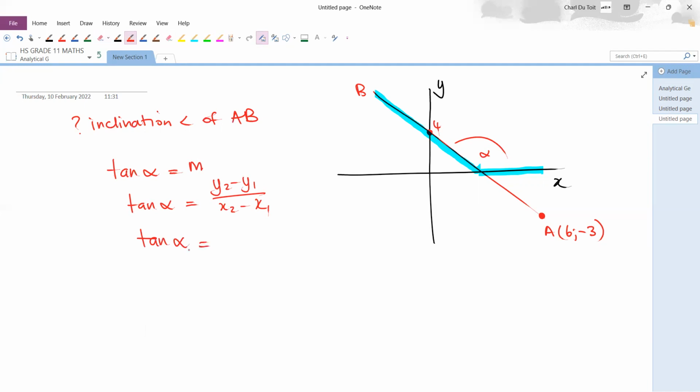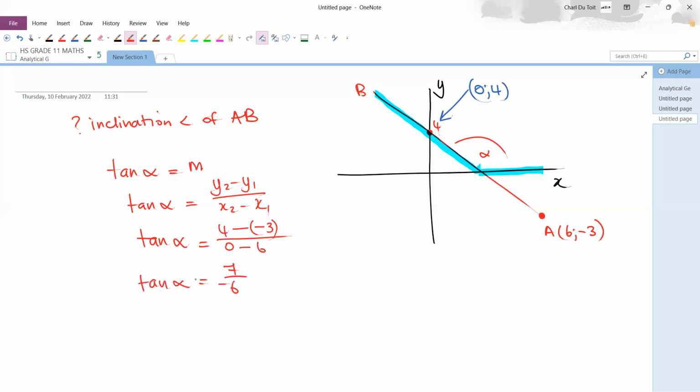That's 0 and 4. Okay, work with me. The y value, let's use the top one, is 4, minus the y value at the bottom, -3. The x value at the top coordinate is 0 minus 6. And that is 7 over -6.